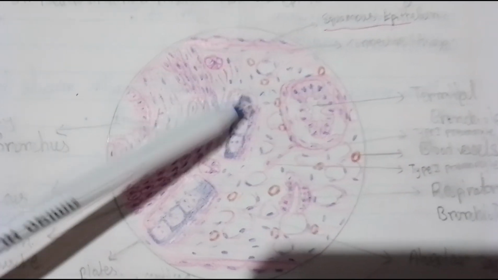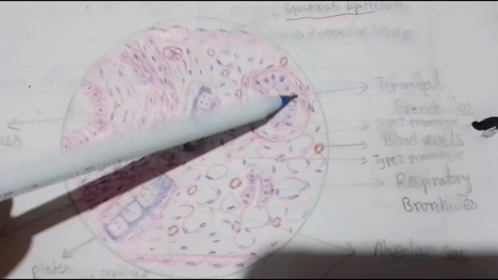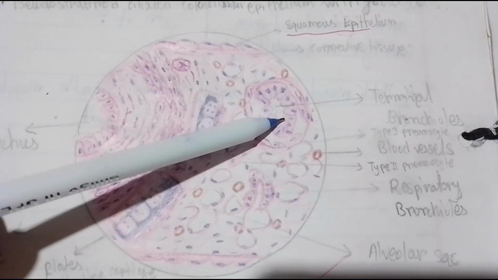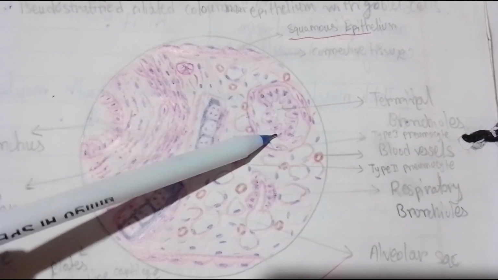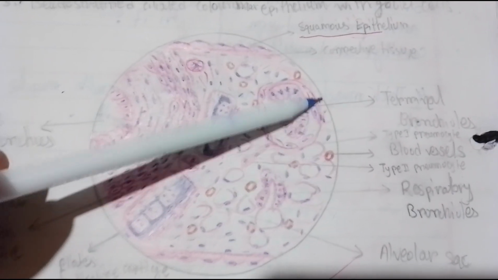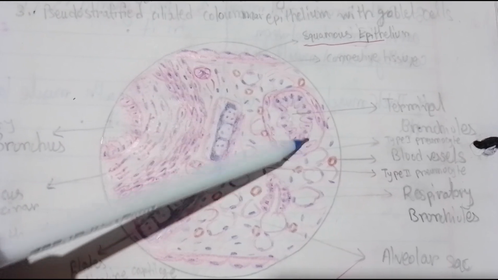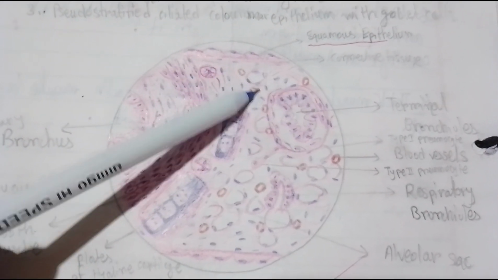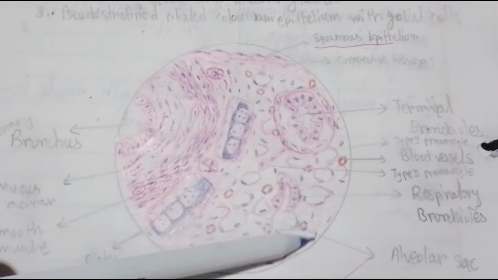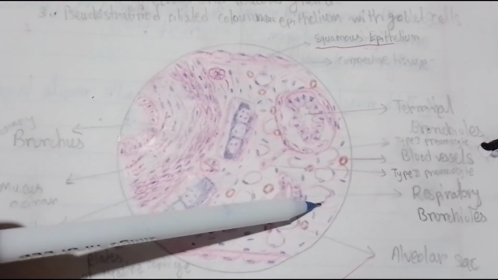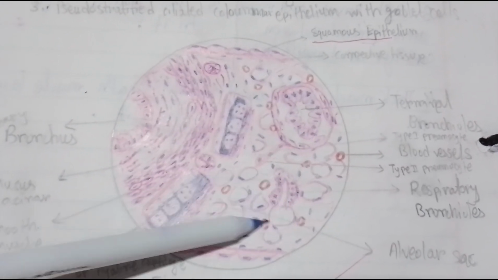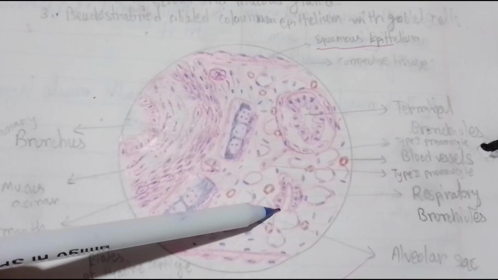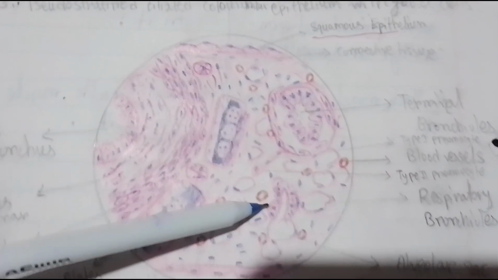And then we have to draw the terminal bronchioles. This is made up of columnar epithelium and surrounded by a single layer or a few layers of smooth muscle, and the empty spaces which you should appreciate are the alveoli, and this structure, the alveolar sacs, and this structure which is half covered with cuboidal epithelium.